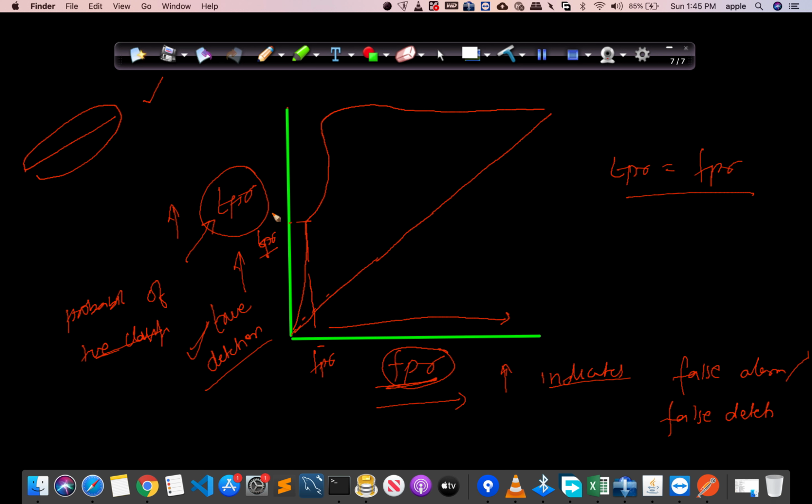As we move in this other direction, the true positive rate will increase. At this point, this is the maximum true positive rate that we can get. But here you can see that the false positive rate is also considerably high.